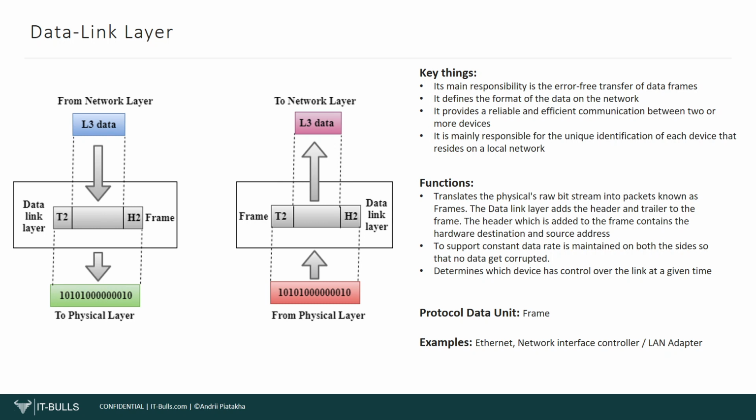The next layer that goes right after the physical layer is called the data link layer. The key things you need to know about the data link layer are: its main responsibility is the error-free transfer of data frames. Also, it defines the format of the data on the network. It provides a reliable and efficient communication between two or more devices. It is mainly responsible for the unique identification of each device that resides on a local network.